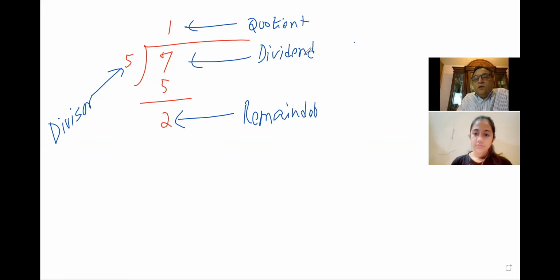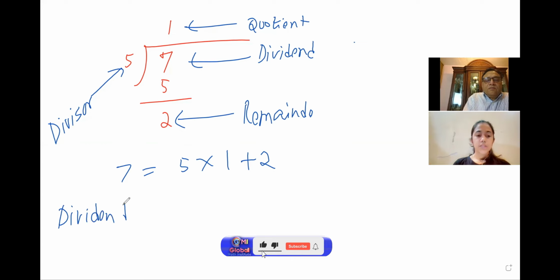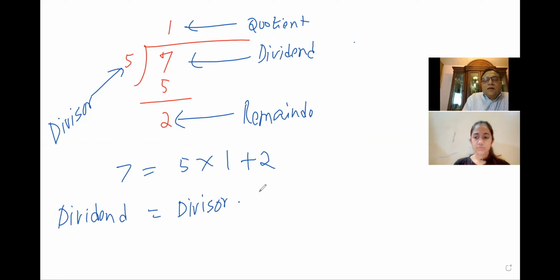So we could actually write this in many different ways, correct? We could write this as 7 is equal to 5 times 1 plus 2, correct? That is to say, dividend equals divisor times quotient plus remainder.